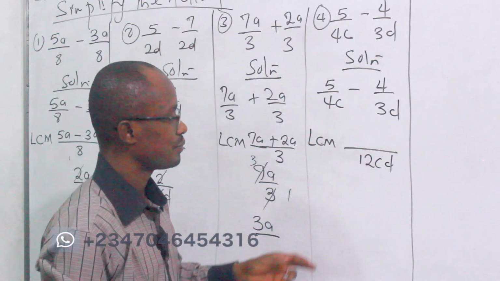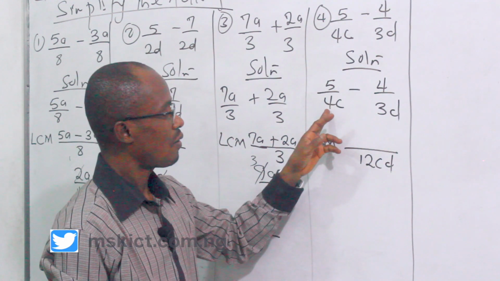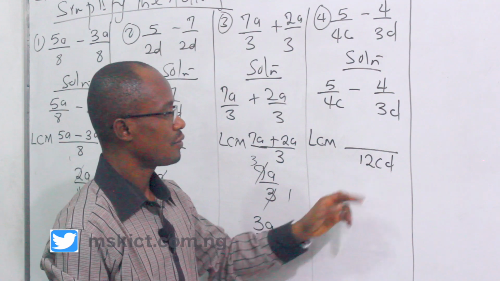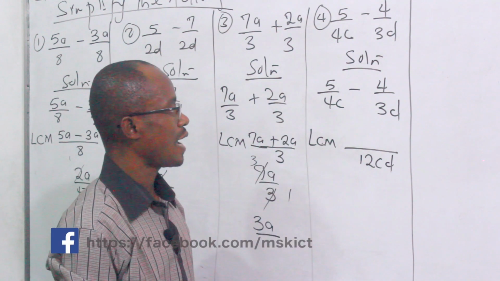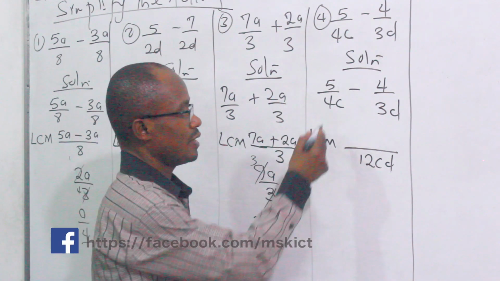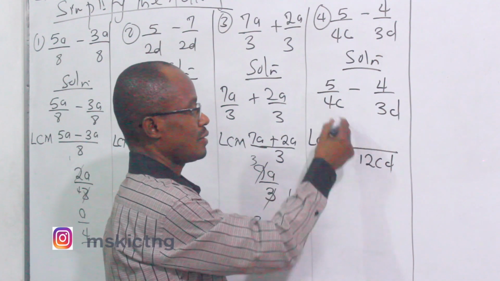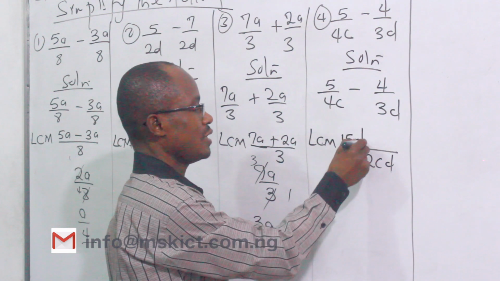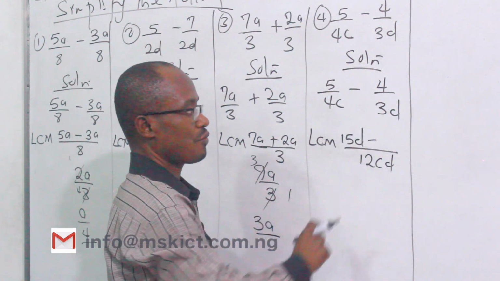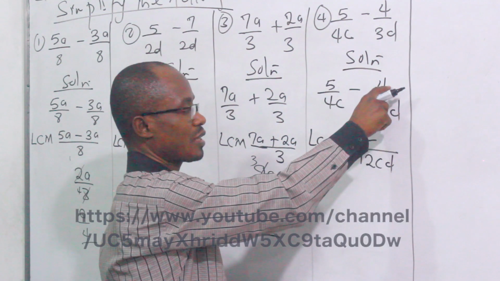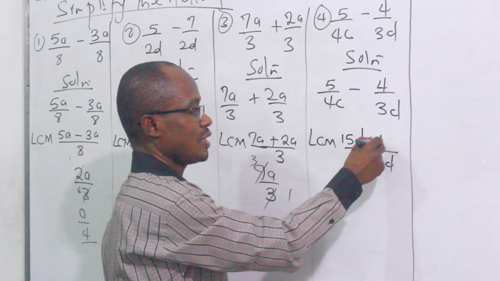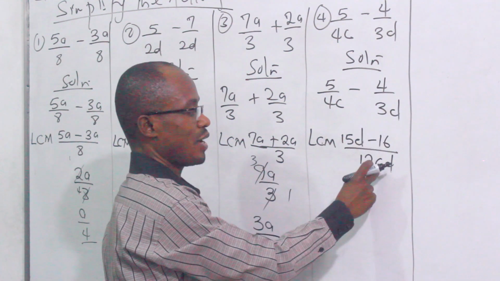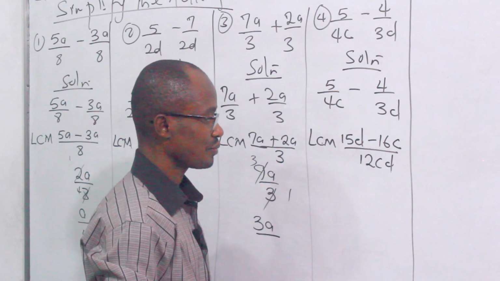So in this case, 4 goes into 12 3 times. 3 times 5, 15. Then c cancels c, remaining d. So this will be 15d minus 3 into 12, 4. 4 times 4, 16. Then d cancels, leaving behind c.